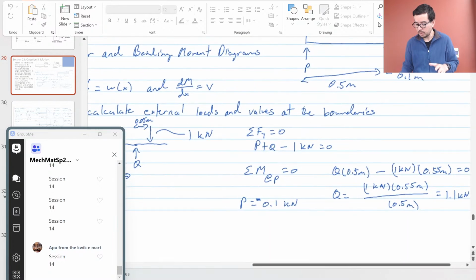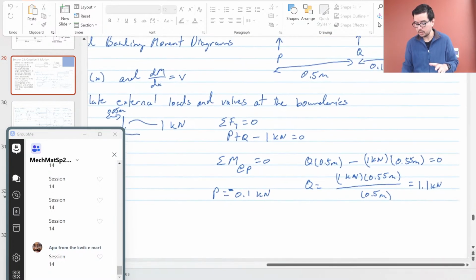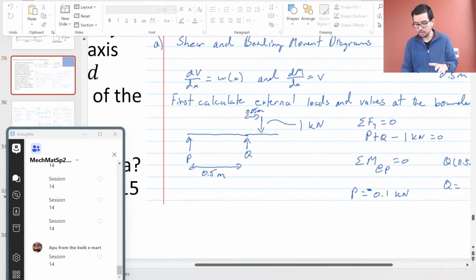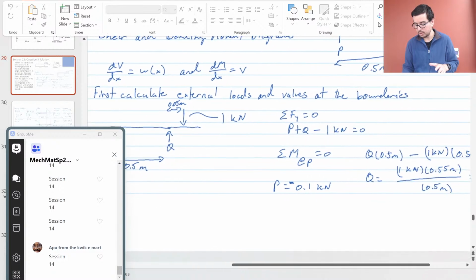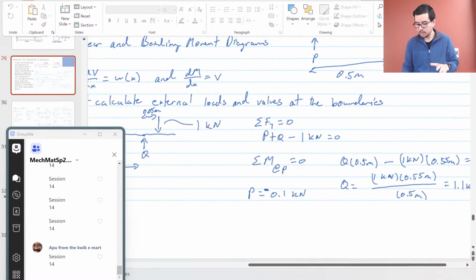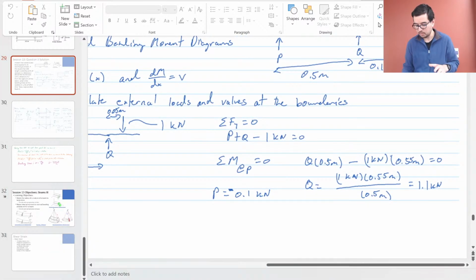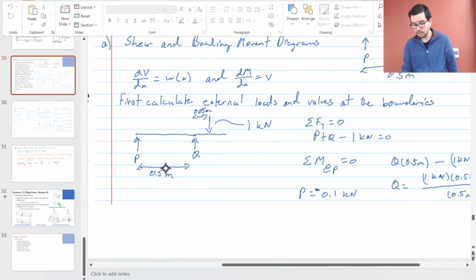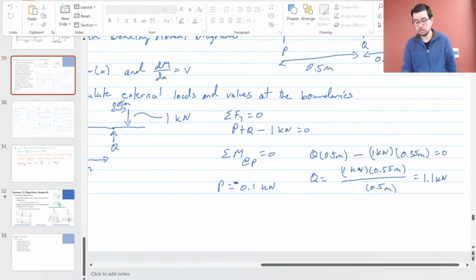And for the moments, if we take moments about P, there's a contribution from Q, half a meter away, and a contribution from the load at 0.55 away as well.